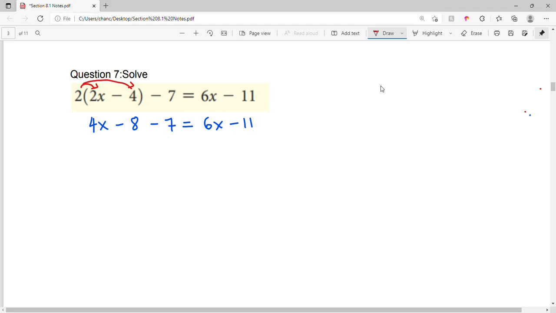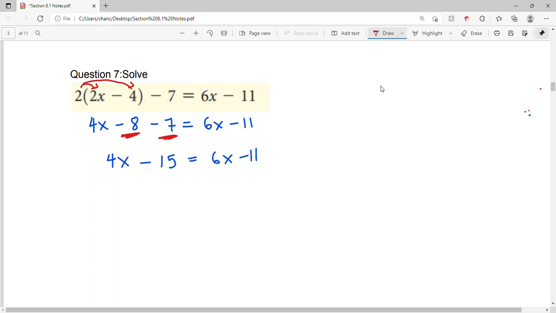Notice I can take that negative 8 and that negative 7 and combine those together. This simplifies to 4x minus 15 equals 6x minus 11. On the right, 6x minus 11, we can't add those. They're not like terms. And we can now focus on isolating the x.